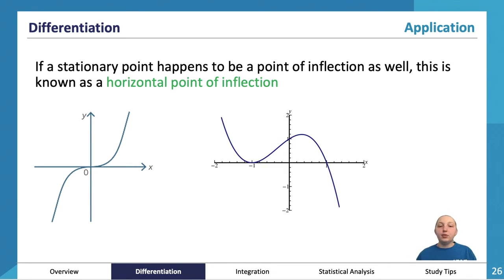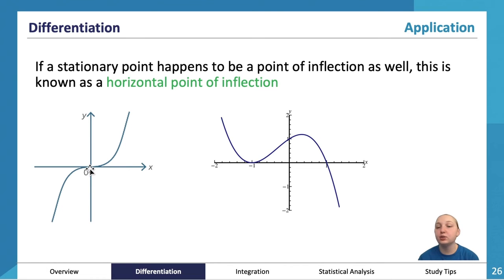So then we've got horizontal points of inflection, which is just another application of points of inflection. So if a stationary point also happens to be a point of inflection as well, then this is what you call a horizontal point of inflection. So this is when we have a stationary point.